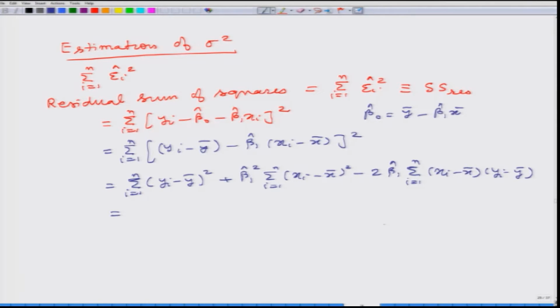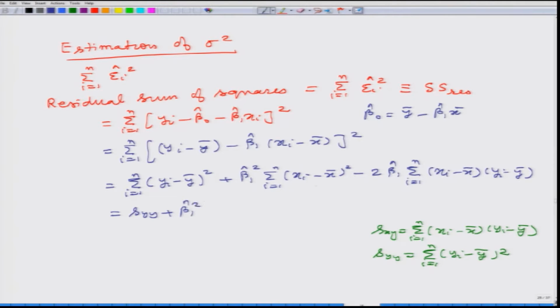If you recall, earlier we had defined the quantity Sxy as a summation of i goes from 1 to n, x i minus x bar times y i minus y bar. On the same lines I can define Syy as summation i goes from 1 to n, y i minus y bar whole square. So, this quantity now becomes Syy plus beta 1 hat square, and this quantity is nothing but Sxx, minus twice beta 1 hat Sxy.